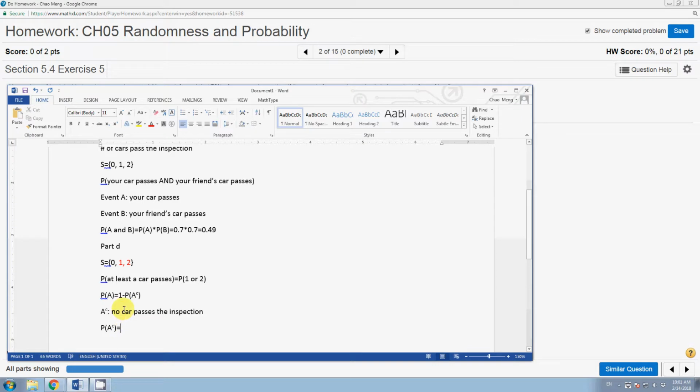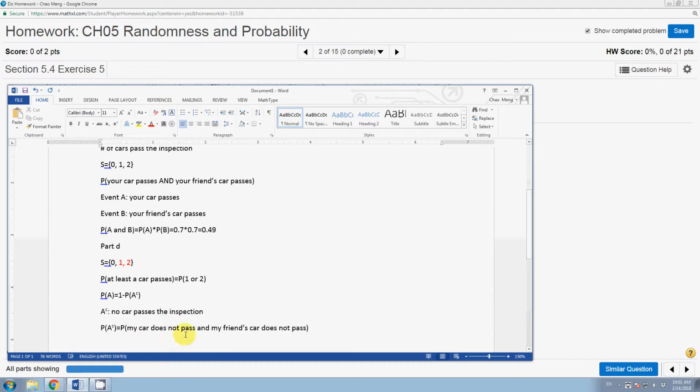That means no car passes the inspection, and we are looking at two cars. So if no car passes the inspection, that means my car does not pass, and my friend's car does not pass.